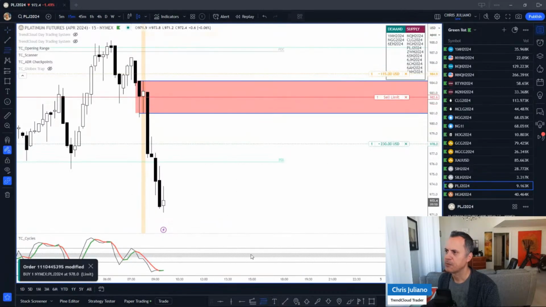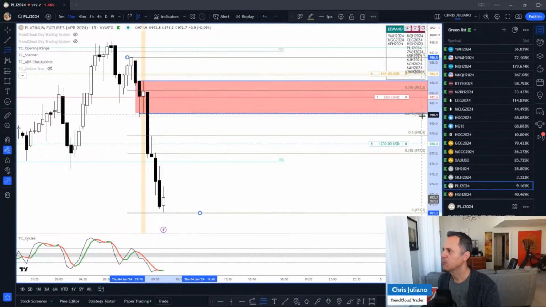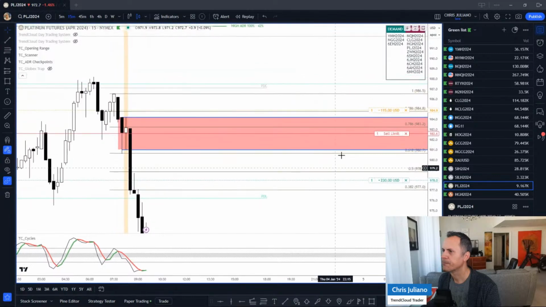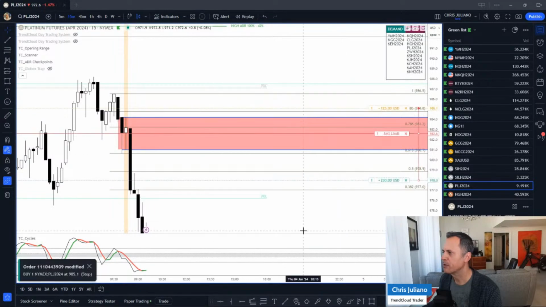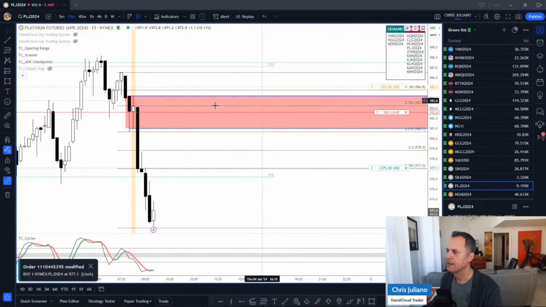We would take that Fibonacci from here to here, and we've got the 618 and the 786 right in here. And we are just above that 886 checkpoint right there. There we go. So we've got that.